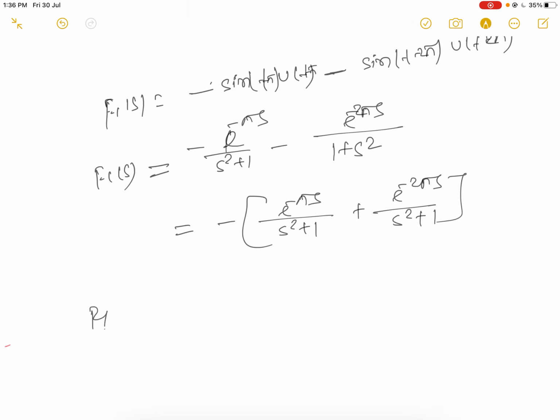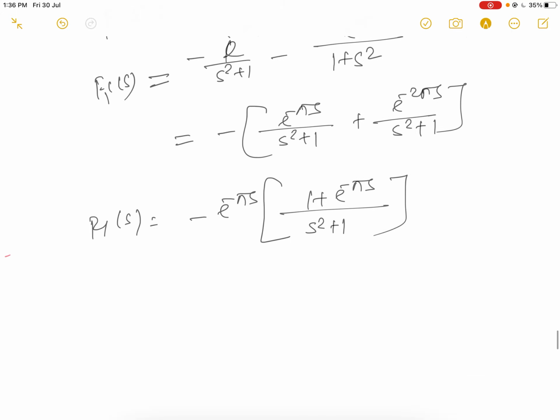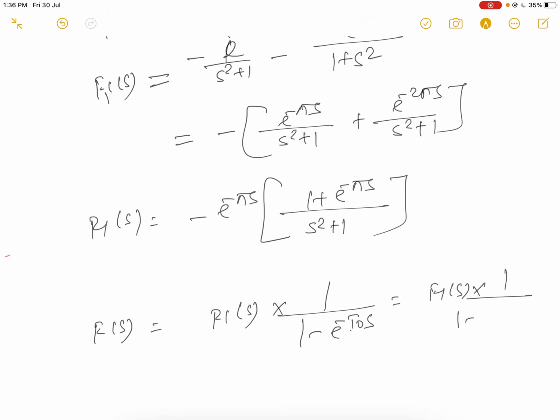Then f1(s) equals 1 plus e to the minus pi s upon s square plus 1. So F(s) is equal to f1(s) multiplied by 1 upon 1 minus e to the power minus Ts, but here it is periodic with period 2 pi, so 1 upon 1 minus e to the minus 2 pi s.